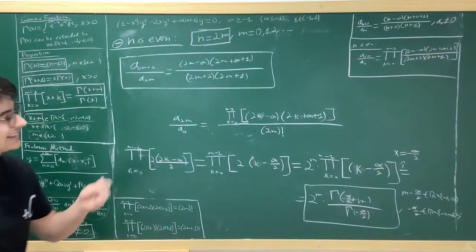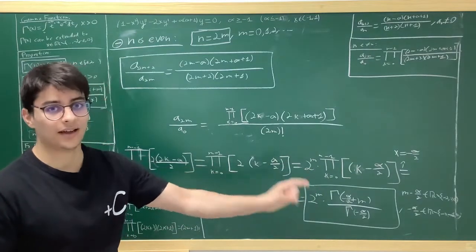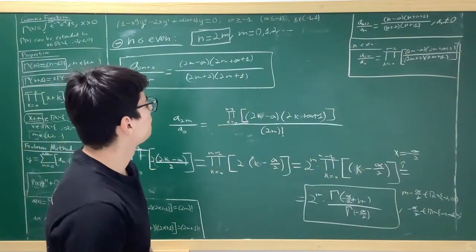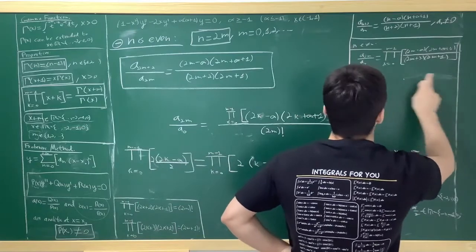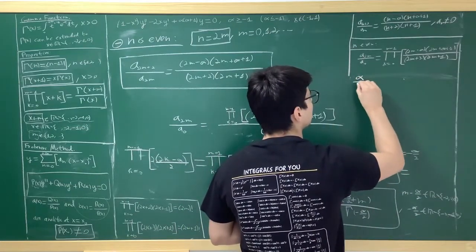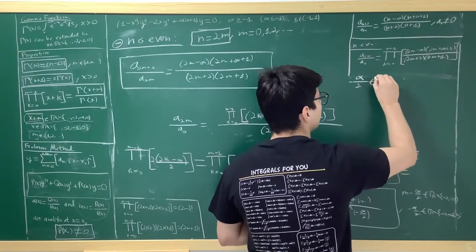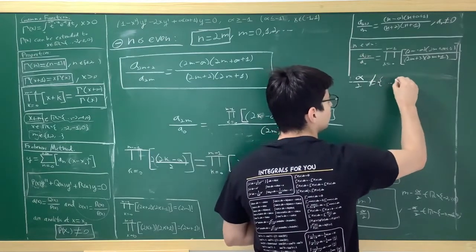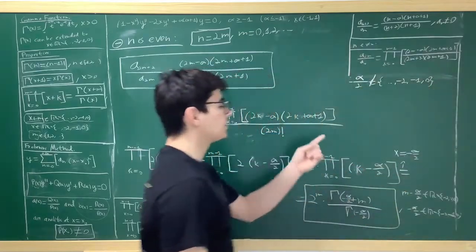This means that we are assuming that minus alpha over 2 is not a negative integer or 0. So let me write here that for the even part, if alpha does not belong to this set, then we can use this solution.